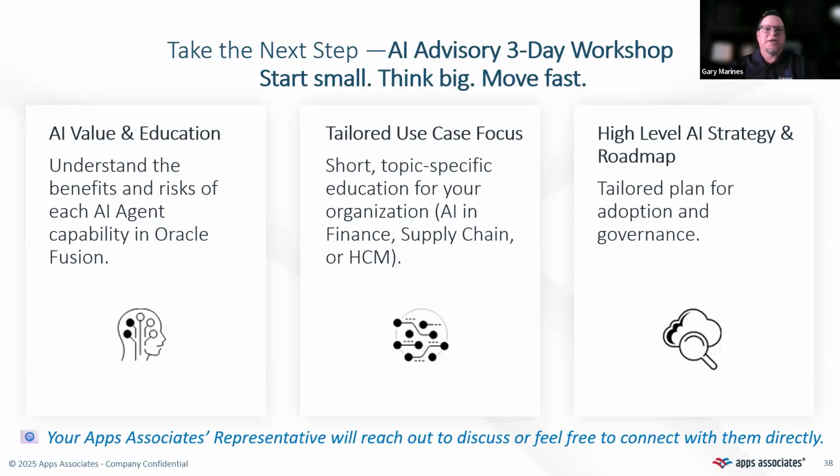It's a 3-day workshop where we can help you understand the benefits and risks of each AI agent capability in Oracle Fusion, create tailored use cases that are focused on your topics, what's important to you, finance, supply chain, help get you educated on that, and then even create a high-level strategy on the roadmap and a tailored plan for your adoption and governance. So definitely, if this is something of interest to you, reach out to your Apps Associates representative, and they'll be talking with you, I'm sure, on a regular basis as well.